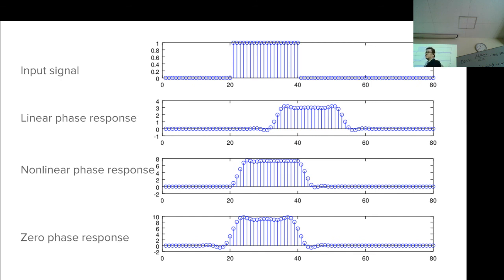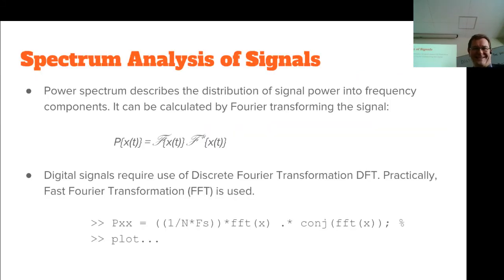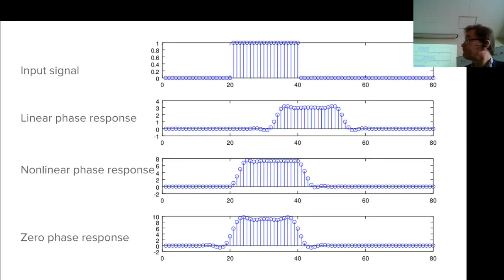This one comes out nice and symmetric, basically the symmetry axis is here. Both sides, same behavior. Easy trick, cheap trick. All right. So that's basically all for the system response part.